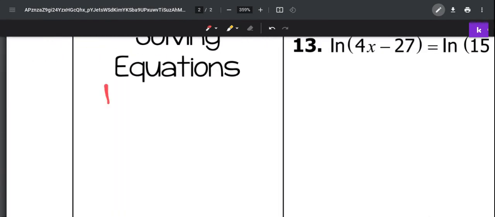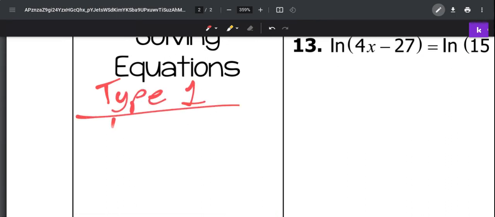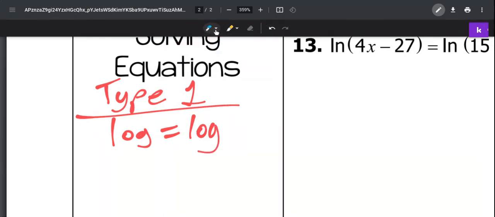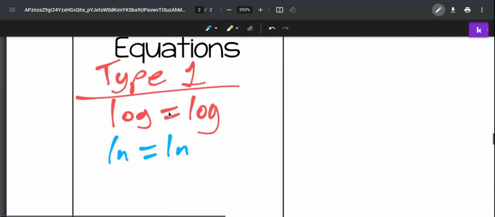We're still going to have type 1, and here's what type 1 looks like. Log equal to a log. Or in this case, if we're dealing with the natural log, it will look like this. ln equal to ln. So type 1 is still, there's a natural logarithm or a logarithm on both sides of the equation, or on the equal sign.